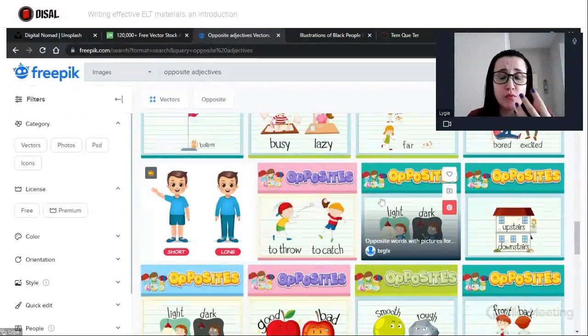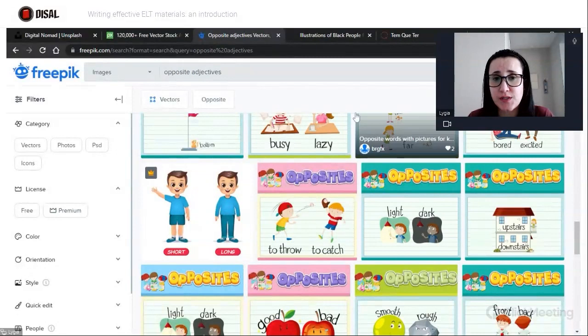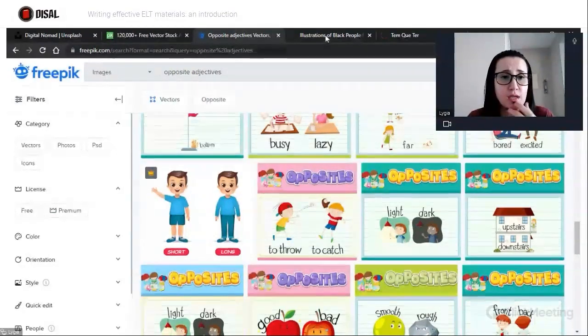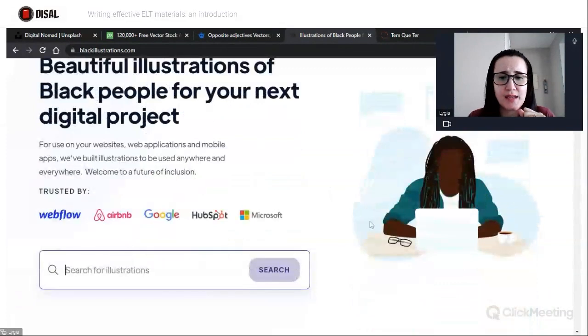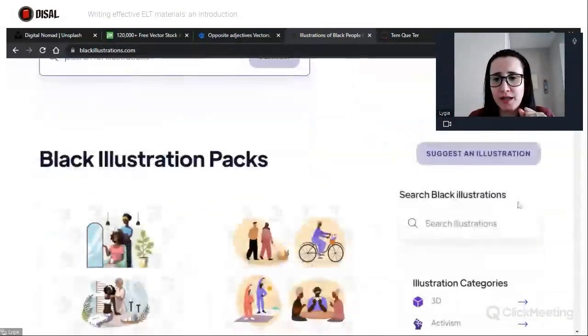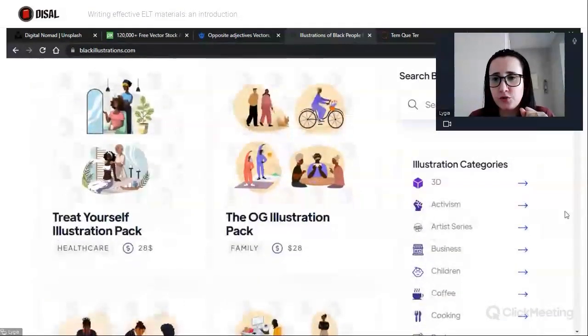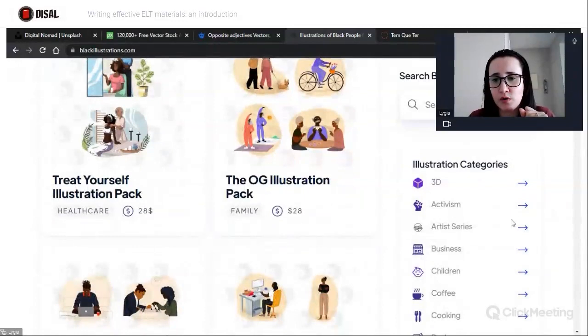Now, if you want to use more diverse images in your materials, you can consider this website here. It's called Black Illustrations. And let's take a look at an example here. Let's choose a famous category, business, for instance.